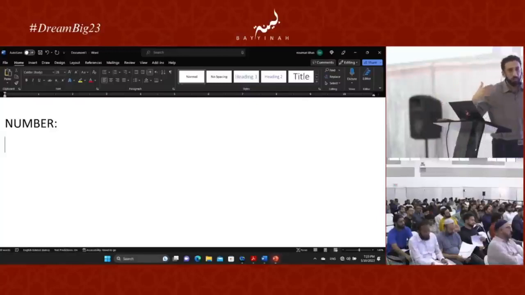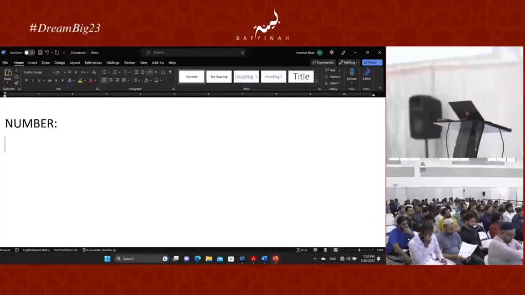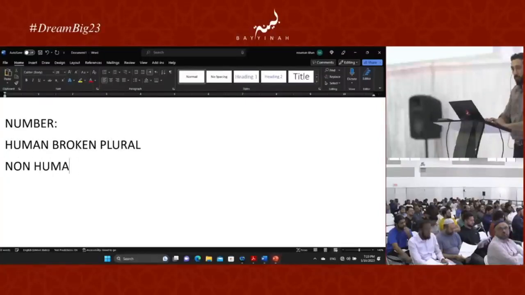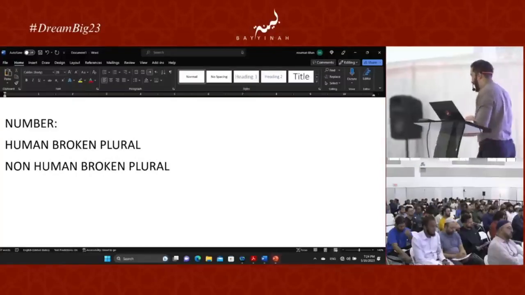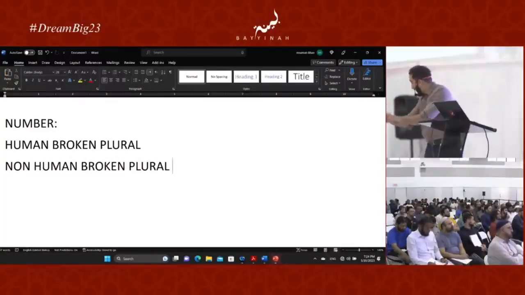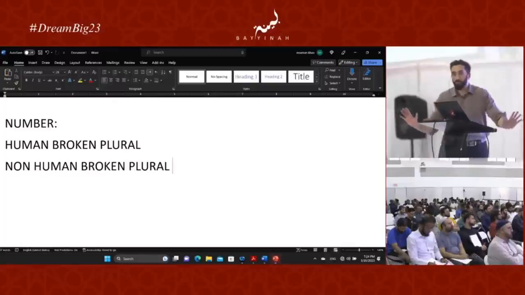Nas, what else? Qawm and qad. So when I say number, the problem part is not 5 items. The problem part is only 2 items, which are human, broken plural, and non-human, broken plural. If you understand this part, the rest of it is piece of cake anyway. Okay, so let's focus on the hardest parts, make them easier, and then the whole subject becomes easier.